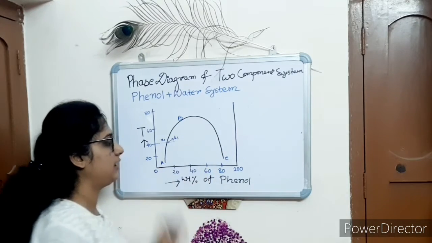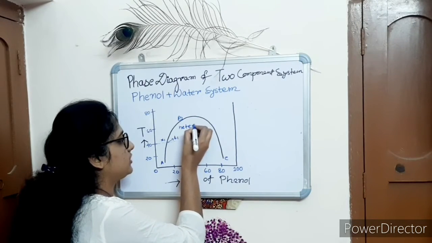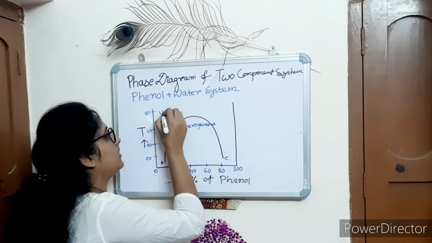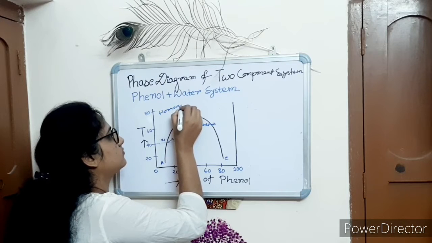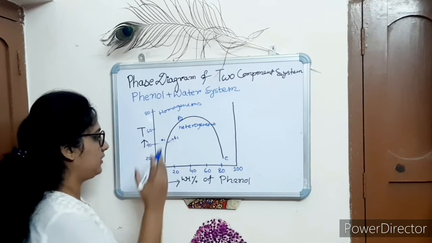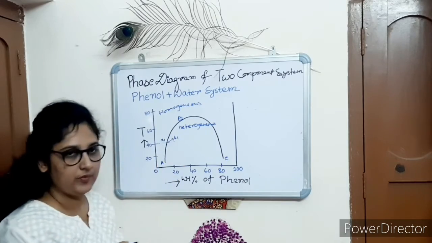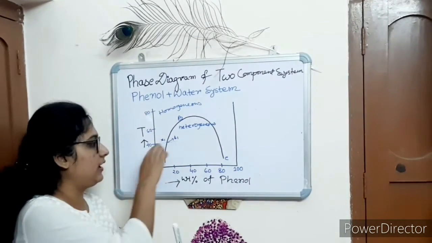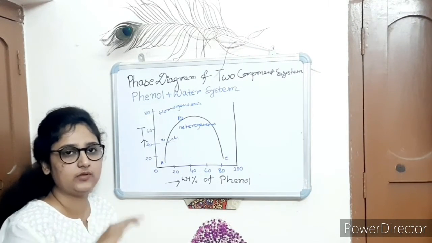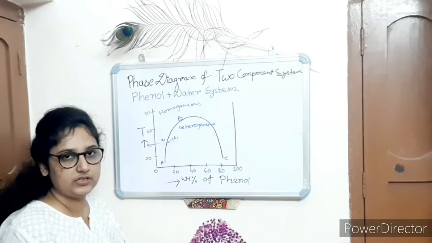This portion is the portion for the heterogeneous solution, but this portion is the homogeneous solution. So at the point L1, the left part of the point L1 is the homogeneous solution and the right part of L1 is the heterogeneous solution. So L1 is a connecting point, you can say L1 is the bridge between the homogeneous solution and the heterogeneous solution.